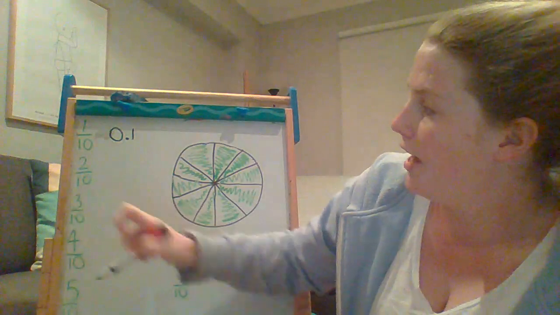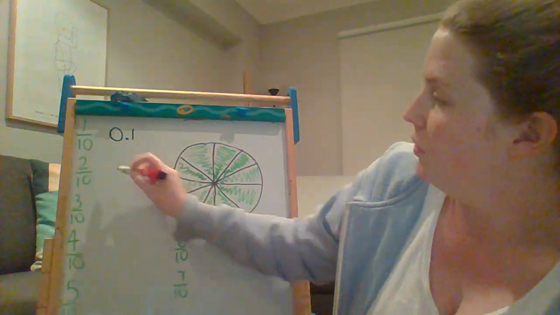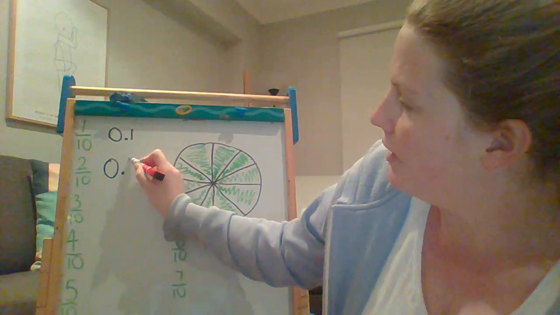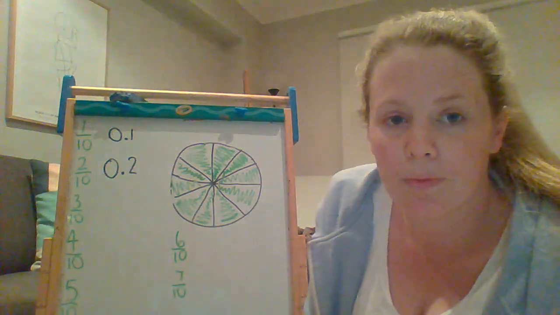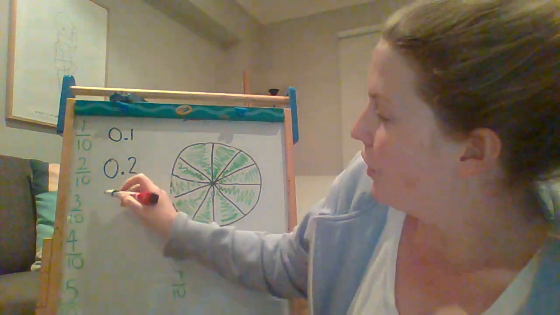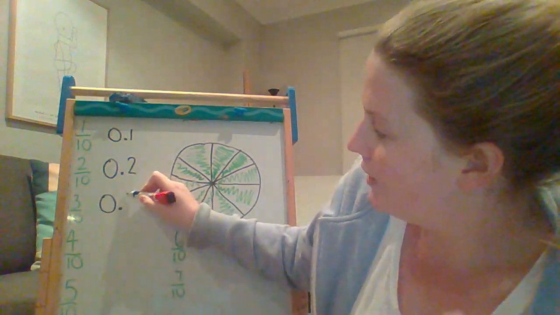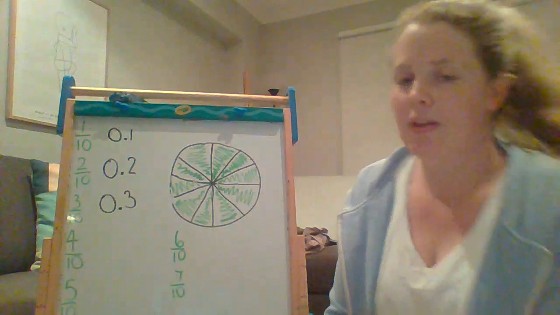If I was to write 2/10 as a decimal, I would write a 0, a decimal point, and a 2. If I was to do 3/10, I'd write a 0, the decimal point, and a 3.